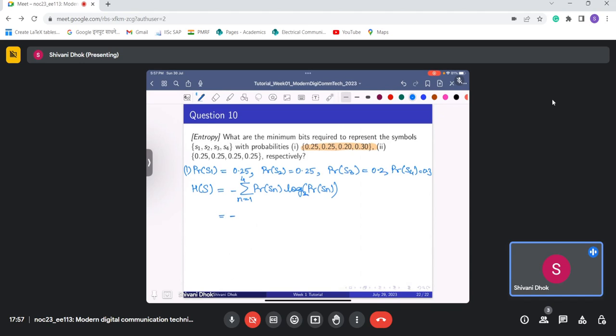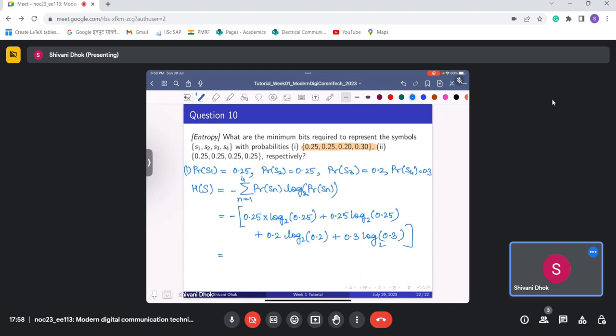So this I can write as minus probability of S1 into log to the base 2 probability of S1, that is 0.25 into log to the base 2 of 0.25, plus 0.25 into log to the base 2 of 0.25, plus 0.2 log to the base 2 of 0.2, plus 0.3 log of 0.3 to the base 2.